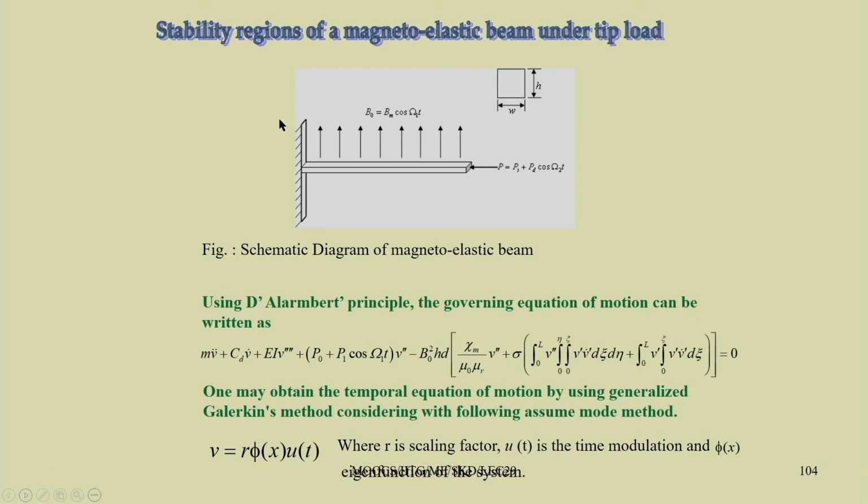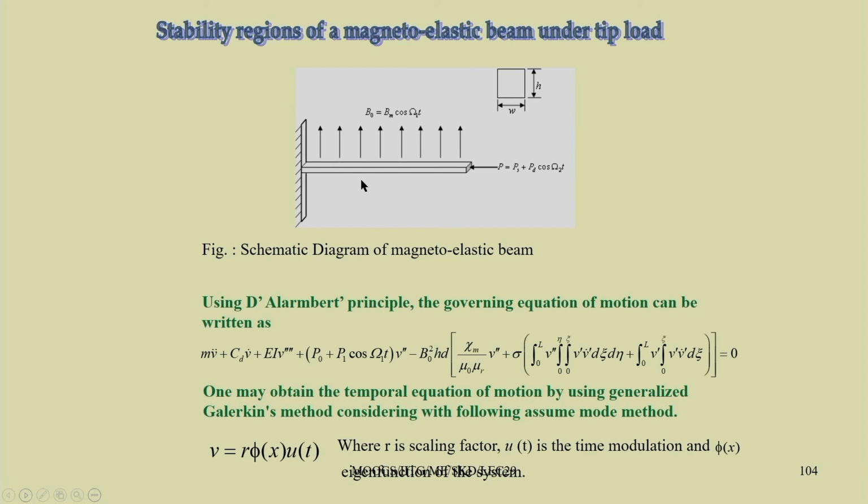Another problem we may study is the stability region of a magnetoelastic beam. Instead of taking an elastic or viscoelastic beam, we take an elastic beam made of magnetoelastic material, that means ferrous material.